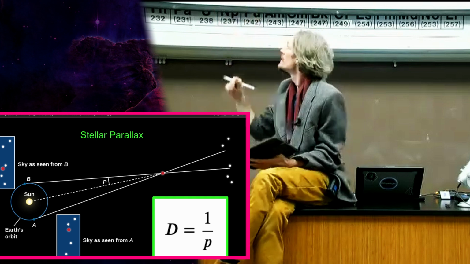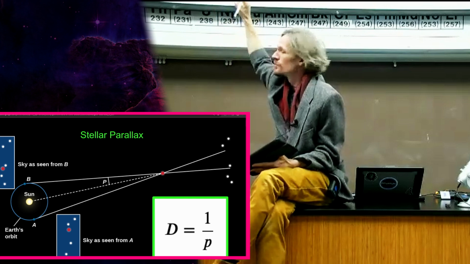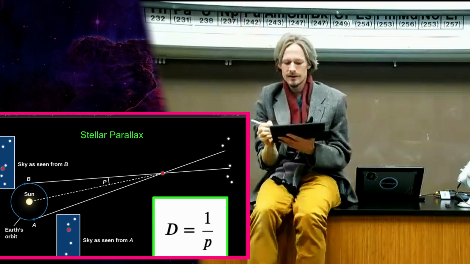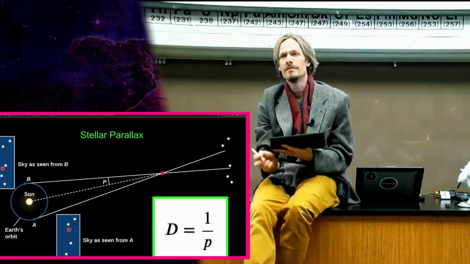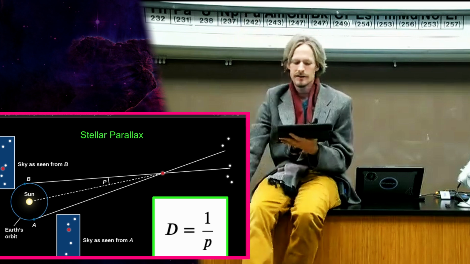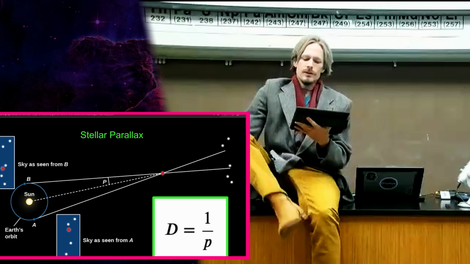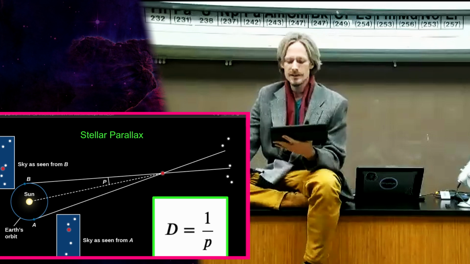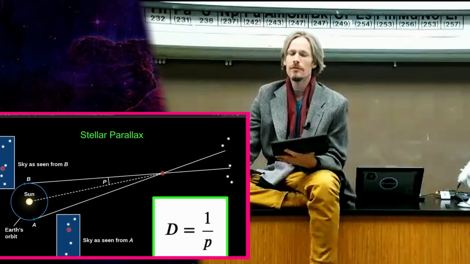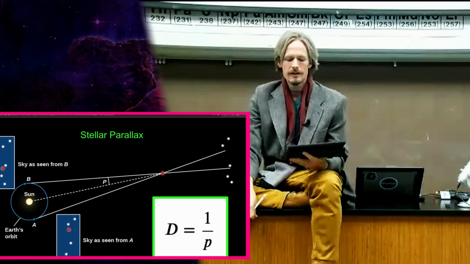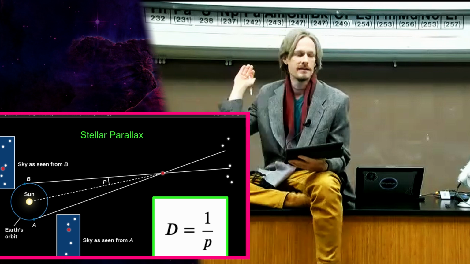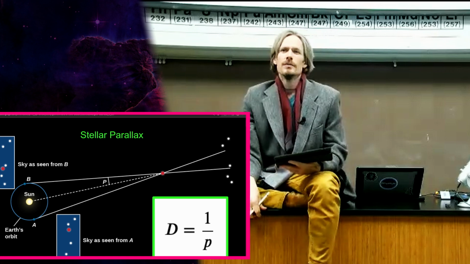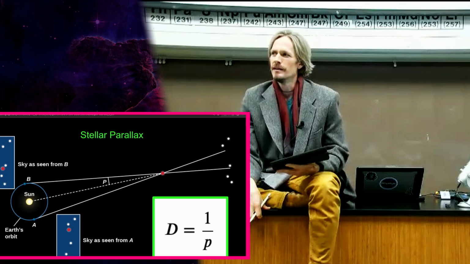Assuming half that is 1 astronomical unit, the distance to the Earth, we can actually start to get a definition for this distance unit that we're going to keep using throughout the course. So the question is, how far would a star have to be in order to have 1 arcsecond of parallax in this system? So what's an arcsecond, by the way?